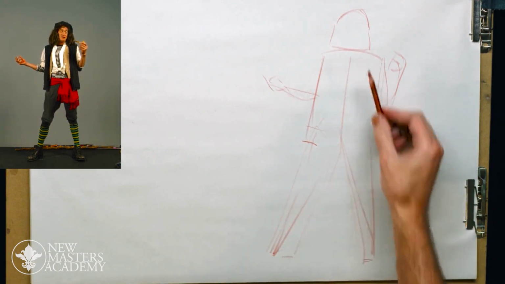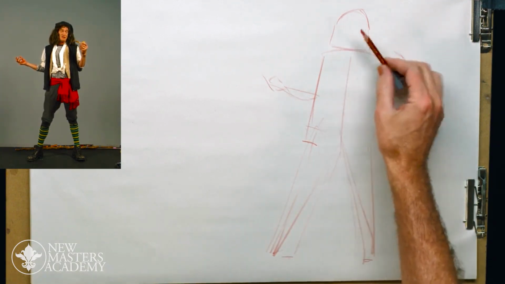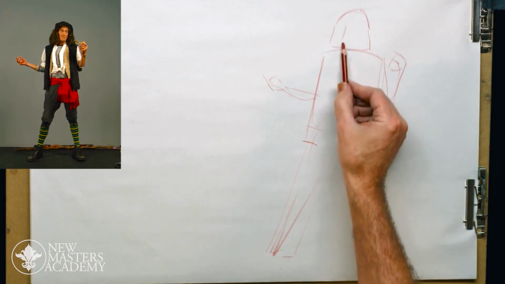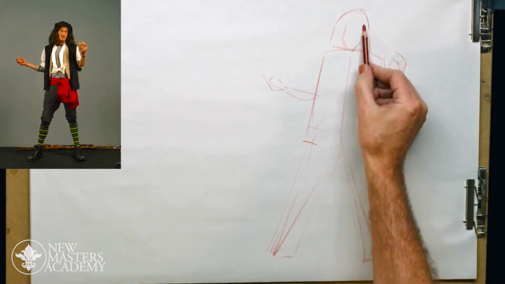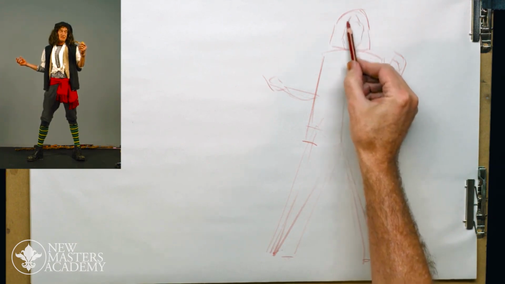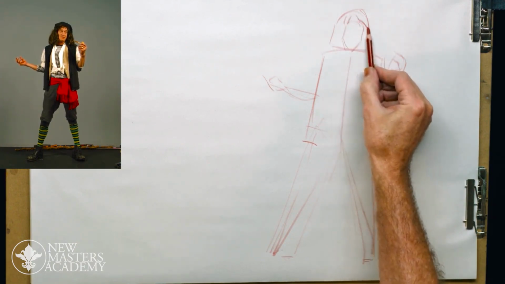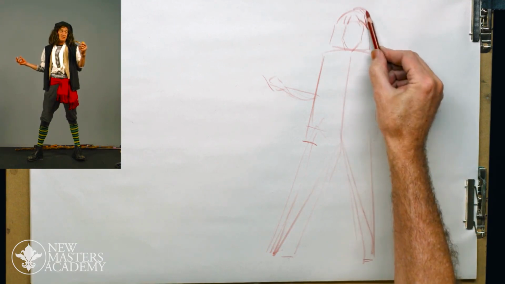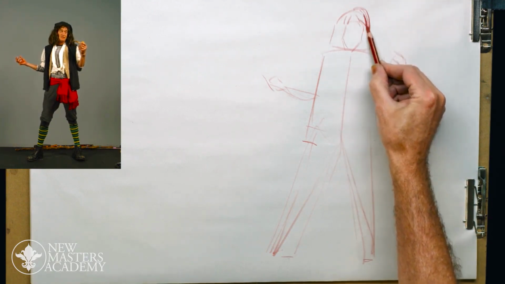Okay, and then what I'm going to do is look at the breakdown of his costume. So I'm going to see the face is in here, his hat, like this.